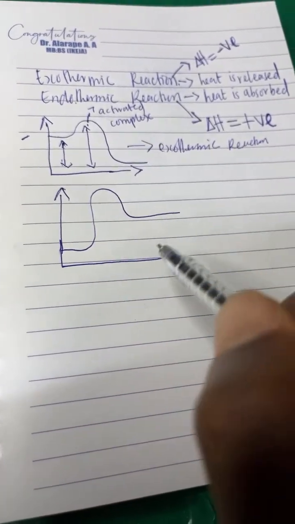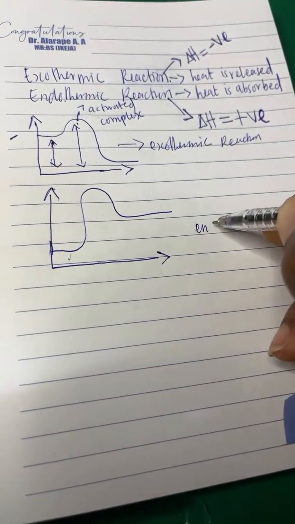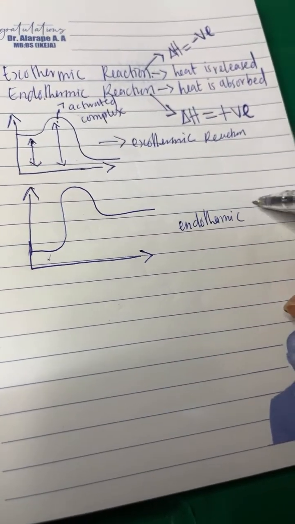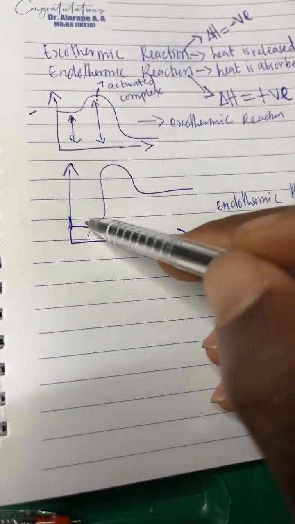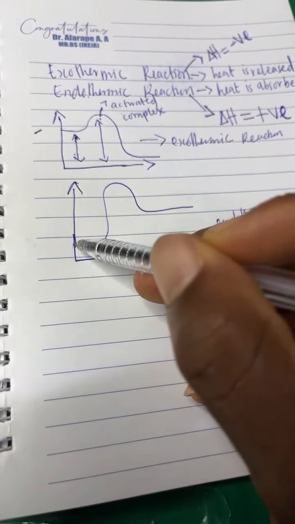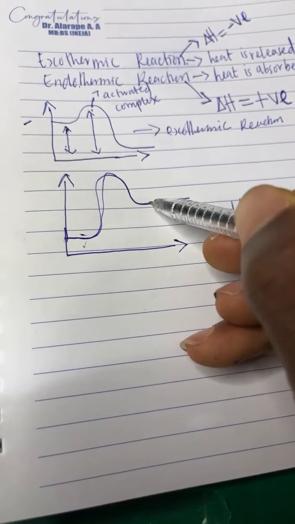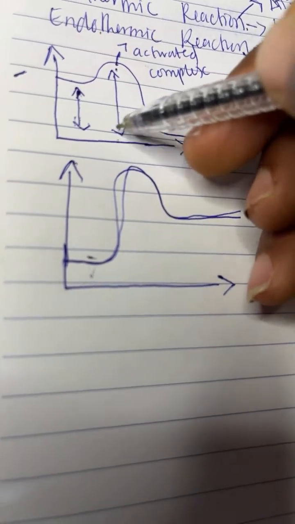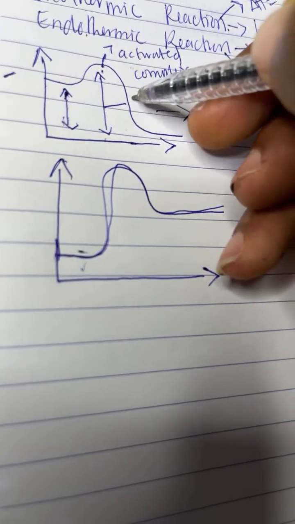For an endothermic reaction, you know that heat is absorbed, right? You can see where the graph is starting from below, then it goes this way. From this place to this place is where we have our activation energy.